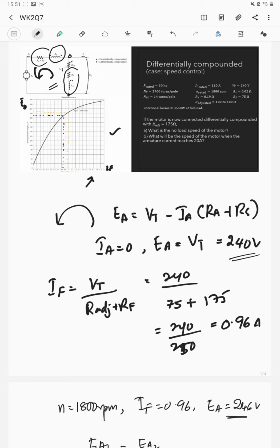So as the load on the motor increases, the armature current will increase, and the flux, because of this subtraction, will decrease. But we know that as the flux decreases, the speed of the motor will increase. This speed increase causes another increase in the load, which further increases the armature current, further decreasing the flux, and therefore the speed will keep on increasing.